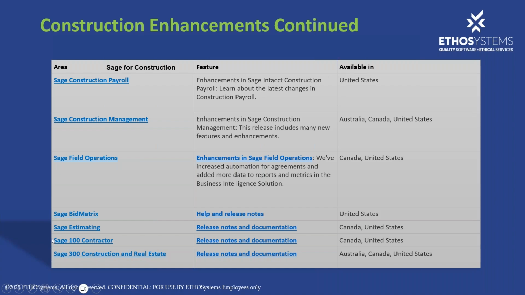Sage 100 customers. Most of you are not Sage 100. You may have come over from Sage 100, but do know that if you are using any of these, we call it legacy, but they're not truly legacy for the simple fact that there's no end date or end of life for Sage 100 or Sage 300. They're continuing to enhance them.